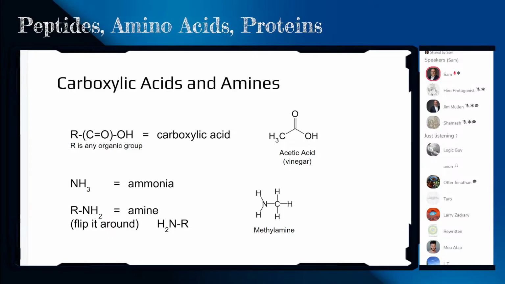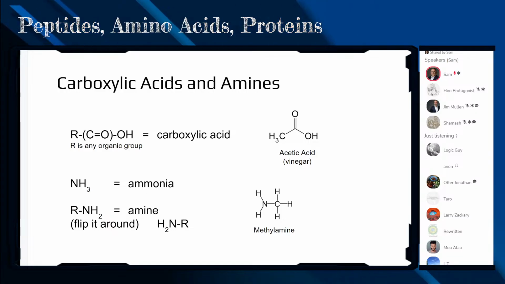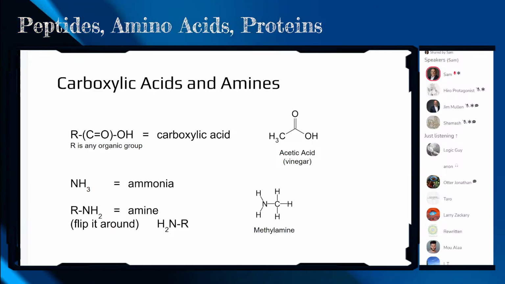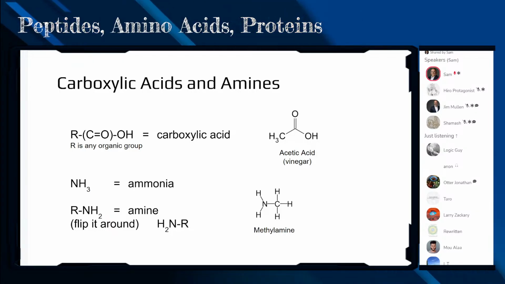We have two classes of compounds, carboxylic acids and amines. A carboxylic acid is a compound that has the C double bond O OH group attached to it. One of the first things you learn in organic chemistry is R. R is any organic group that can be attached.